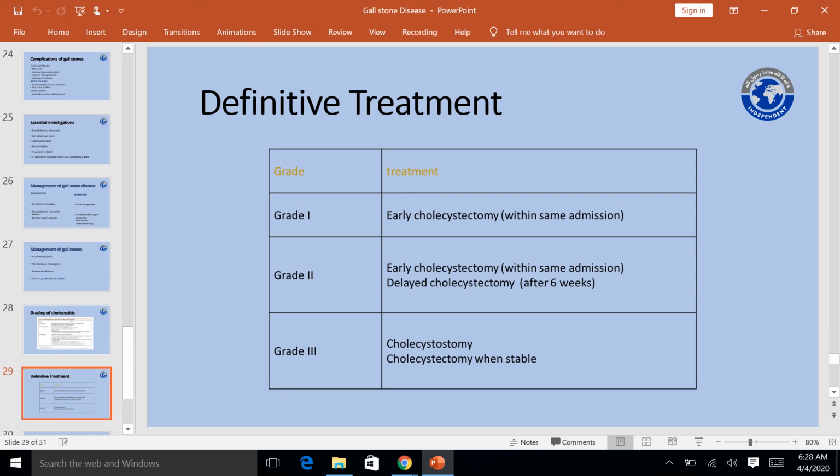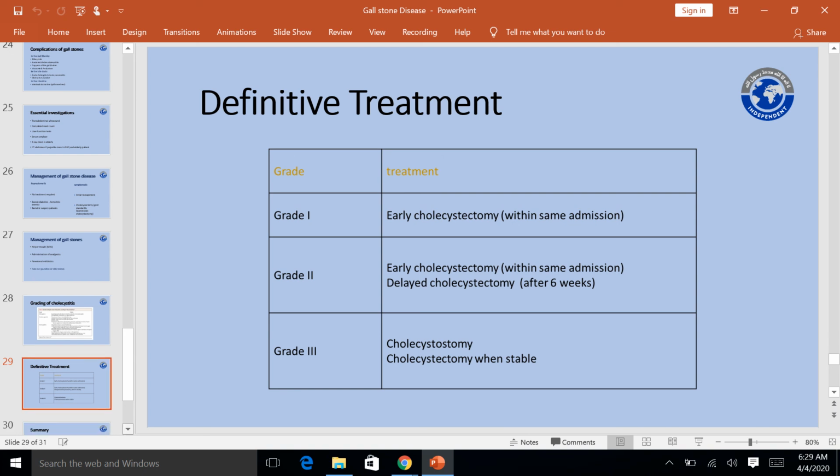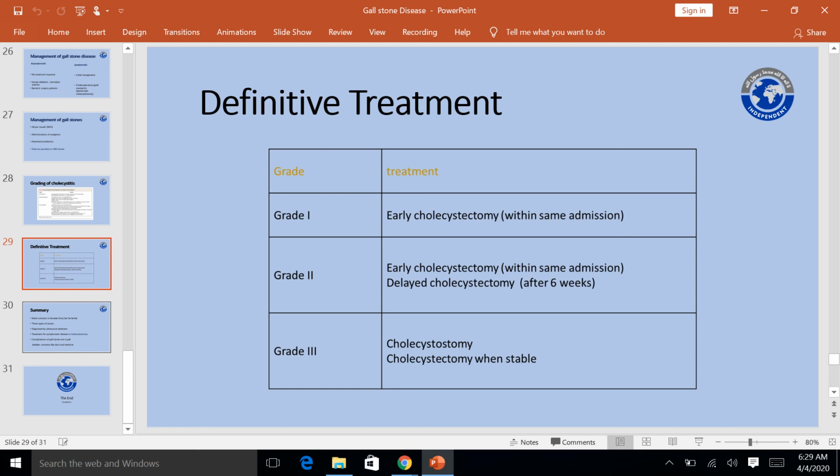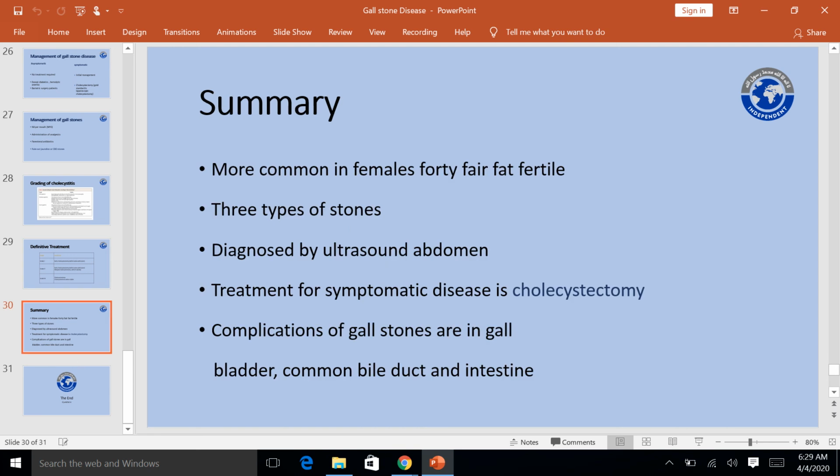But nowadays, evidence suggests that early cholecystectomy is more favorable. In grade 3, cholecystostomy is done under local anesthesia to drain the bile and stones, and when the patient stabilizes or improves at a later date, cholecystectomy is done. This is how we can manage a patient with cholelithiasis.